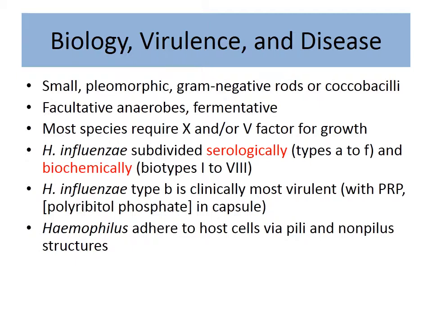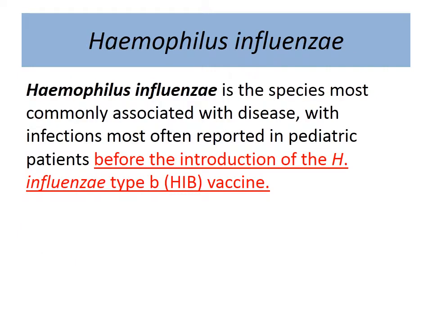Because it carries a polyribitol phosphate in the capsule, which is called PRP. And that basically allows this particular bacteria to cling on to the structures, whether they have a pili, suggesting, of course, a hair-like projection, or they can also attach themselves to non-pilous structures.